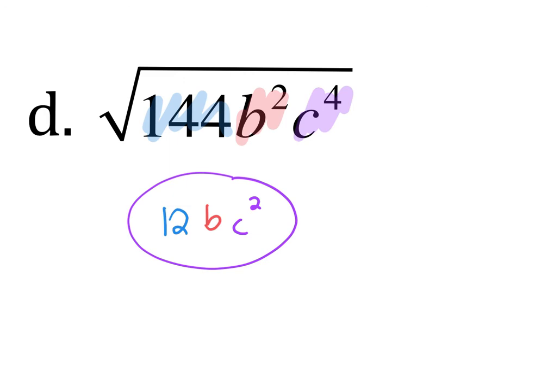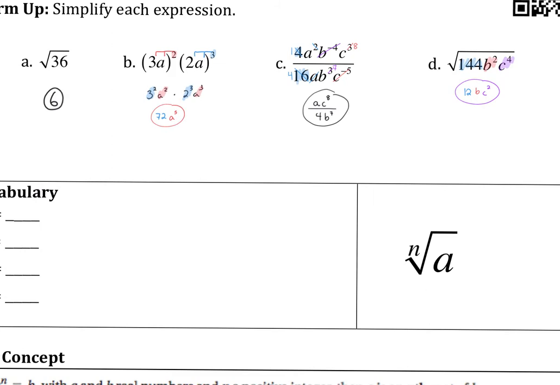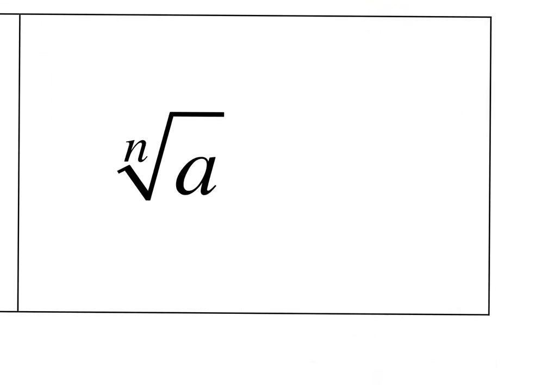So let's look at some vocabulary first, down here. We'll start inside the right box there, where it says this little n on the outside, the square root symbol, and the a inside. So each piece. This symbol is often read radical, or it is the radical.